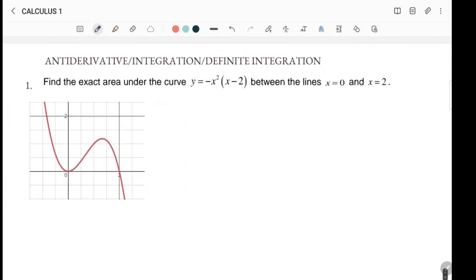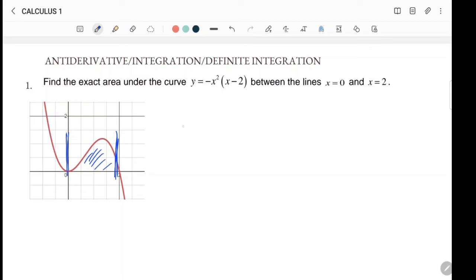Okay, now the antiderivative. Antiderivative means integration. Find the exact area under this curve between, the best part is the curve is given. If the curve is not given, then we have to draw the curve first. x equals 0 means the y-axis, and x equals 2 means this line. We have to find this area only.